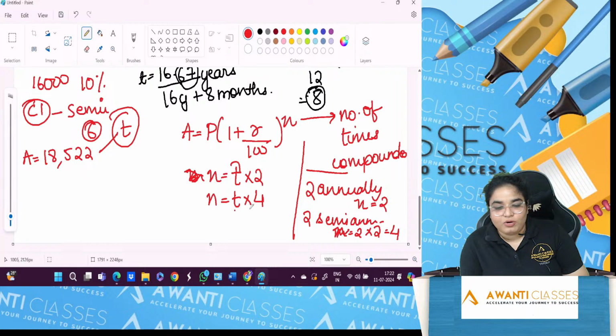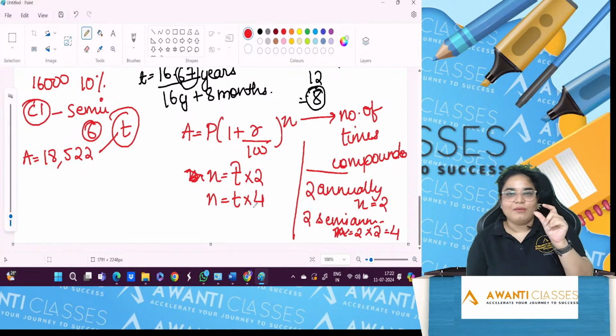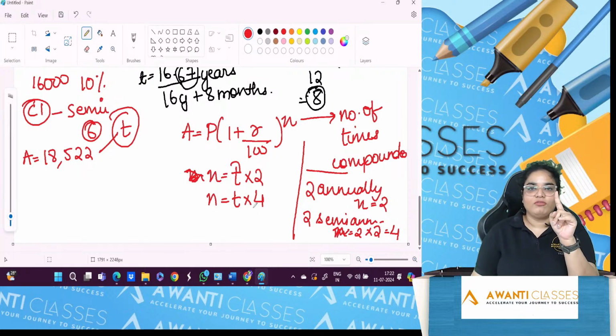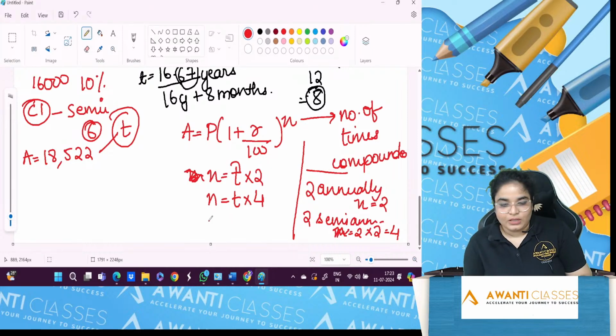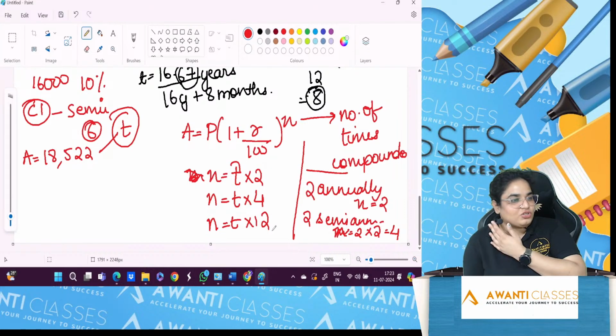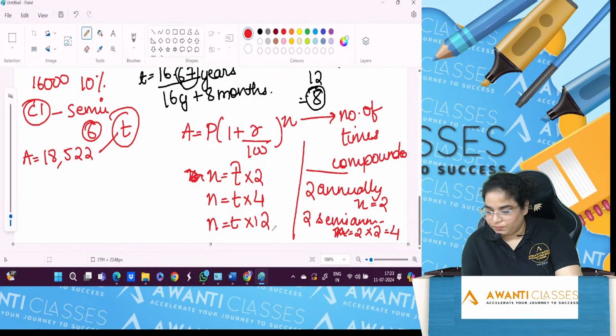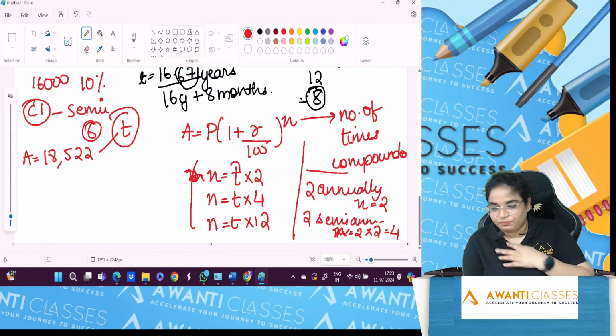If time is 2 years and they are compounding 4 times per year, then n will be 8. Similarly, if it is monthly, then it will be t into 12. So far, any questions? Bhimappa sir has already answered also. Very good. So, this is how n will work.